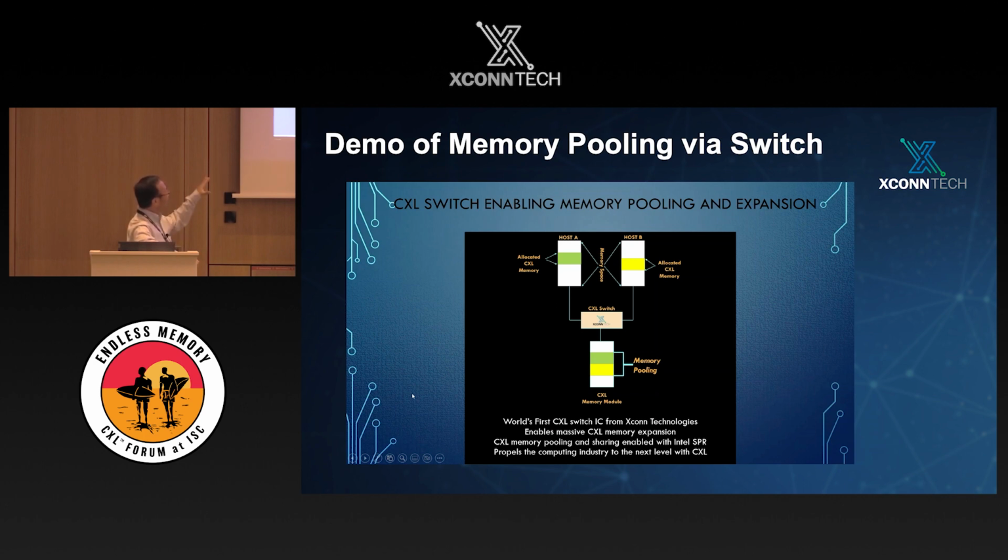On the left side is one of the Intel Sapphire Rapids server processors, and on the right side is another one. You can see the cables connect to our switchboard. On the switchboard, we have one single memory module plugged into the CEM slot. So this is the setup we use in our lab to show this demonstration.